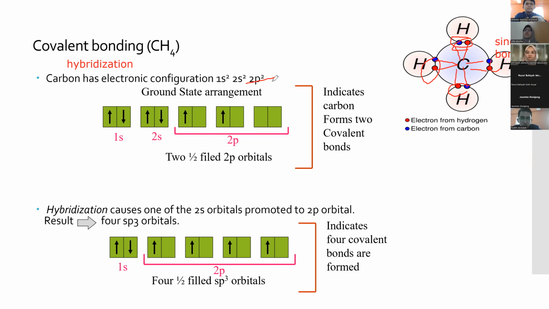Okay, this is electron configuration, and we write it in the orbitals. This is 1s2, completely filled, 2s2 also completely filled, and 2p2.